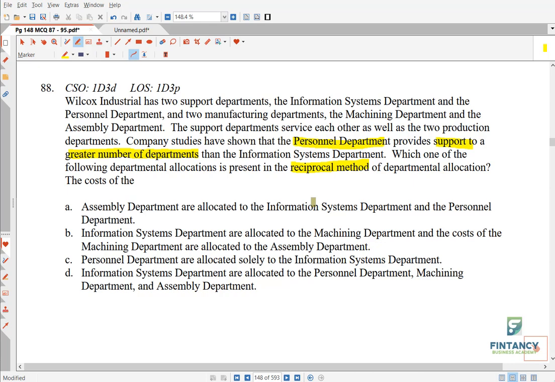Again, if the requirement is step down method, we need the sentence that company studies have shown that personnel department provides support. But if you are using reciprocal method, no need for this sentence. This is irrelevant for you.